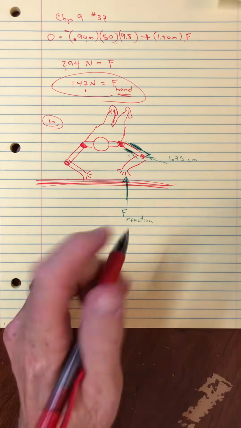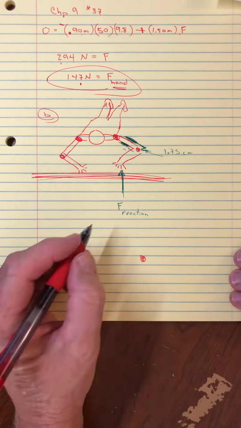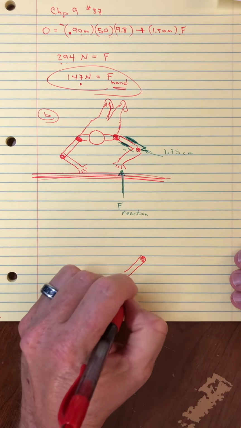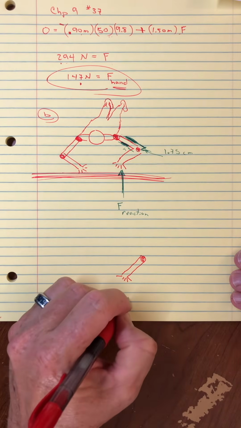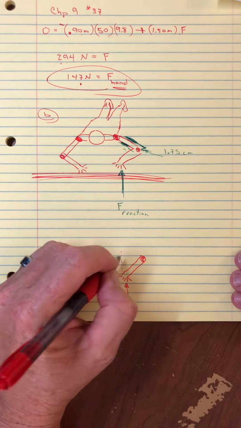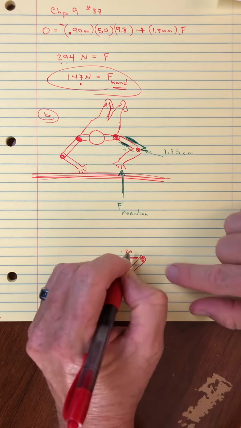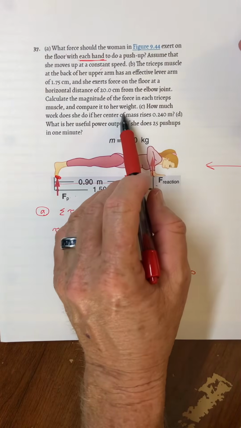So if we were to just draw the elbow joint, we might say that with the hand here, this reaction force is a distance away, and I believe it said 20 centimeters.